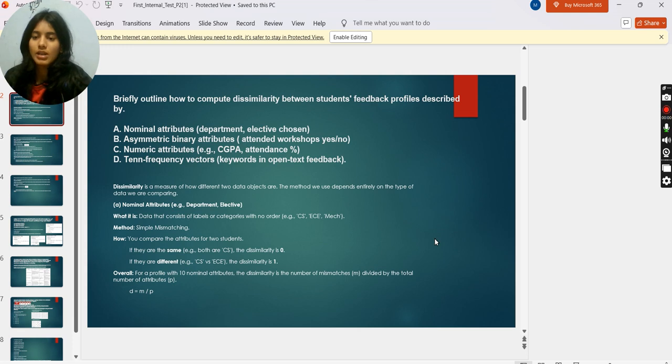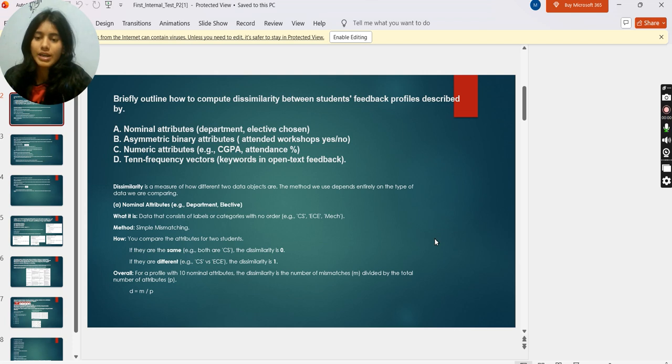First, a nominal attribute, that is department or elective. What it is: data that consists of labels or categories with no order, that is CS, ECE, MAC. The method used is simple mismatching.